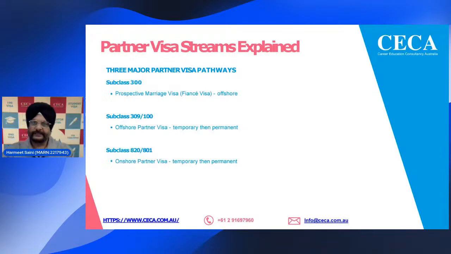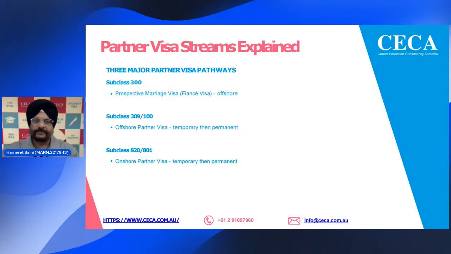So let's begin with the three categories of partner visa available in Australian migration. The first is subclass 300, which is an offshore visa, also called the prospective marriage visa. If you're going to apply for this visa because you're going to marry an Australian partner, Australian PR resident or eligible New Zealand citizen, then this visa is for you.